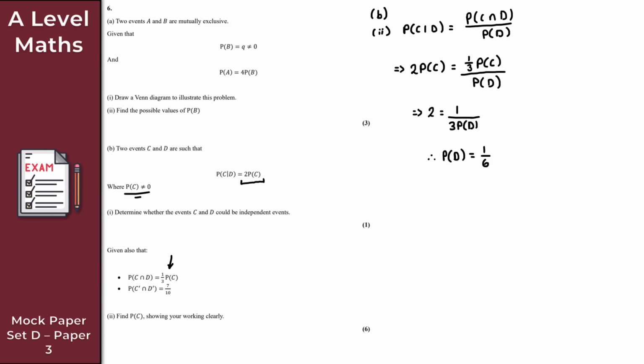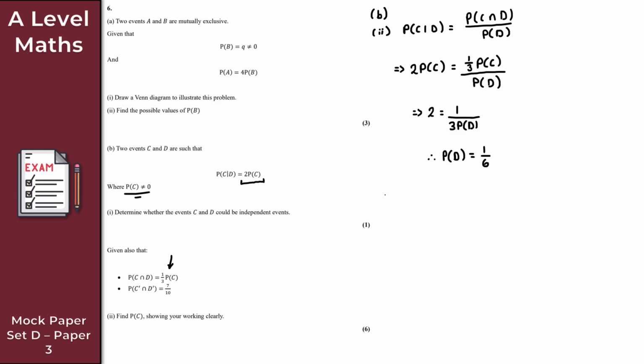What else do we also know here? So we're told at this point that the probability of not C intersection not D is equal to 7 over 10. So in that case, the probability of C union D would be the complement of that. So 1 minus 7 over 10, okay?